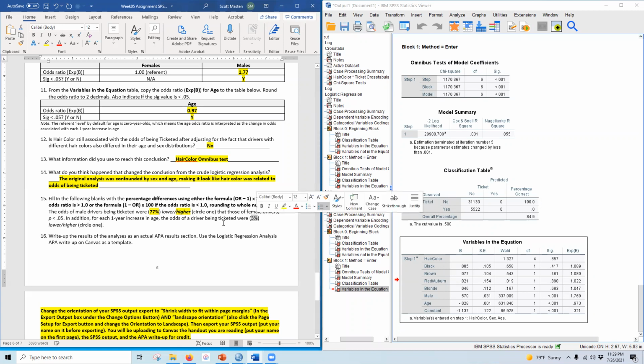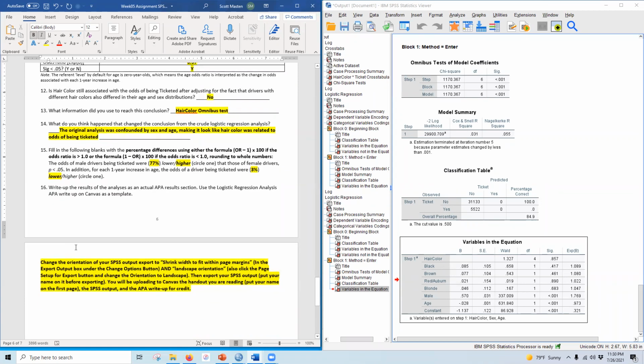And is it lower or higher? Well, that odds ratio is less than 1, so it's lower. So for every year older you were, your odds of getting a ticket during your first year were 3% lower. And that's kind of it.